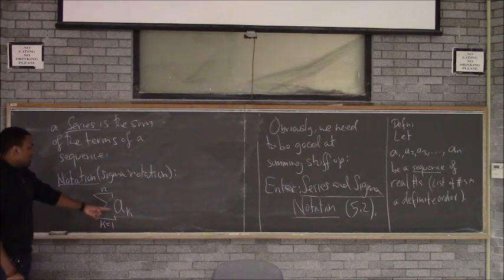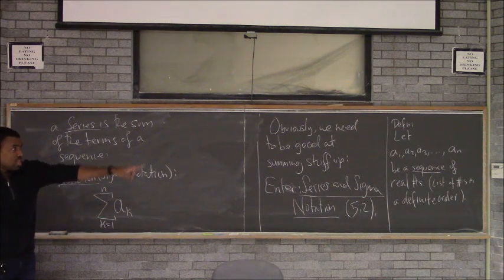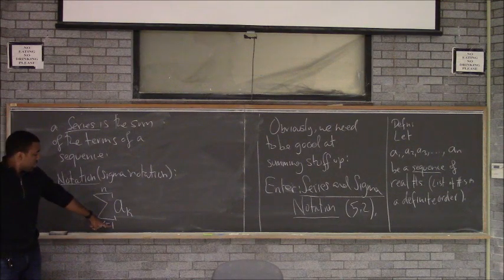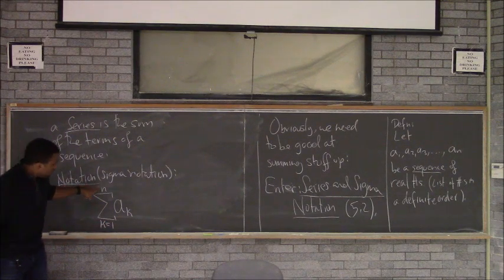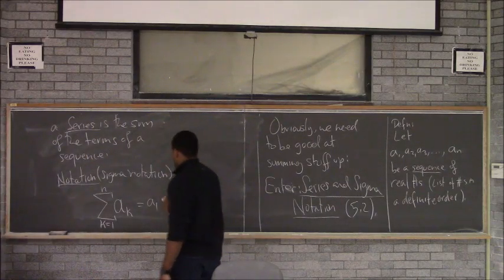So you can think of a sub k as telling you the formulas that gives you each number, and I want to add up all the things where k starts from 1 going up to n.